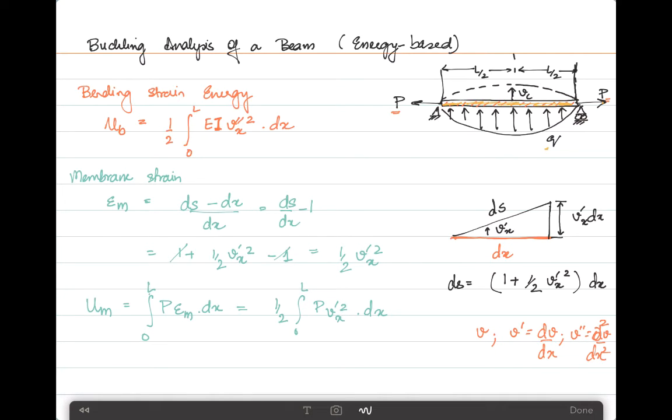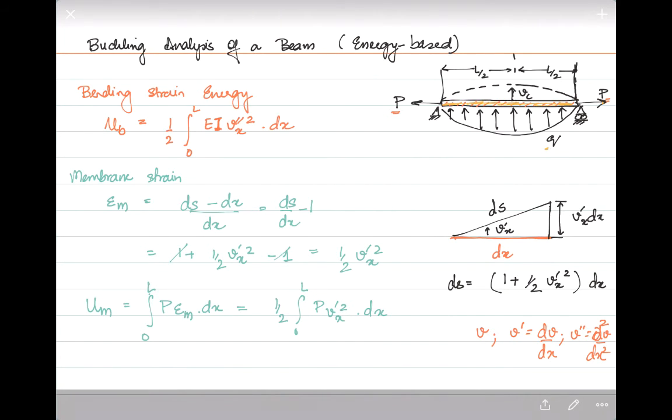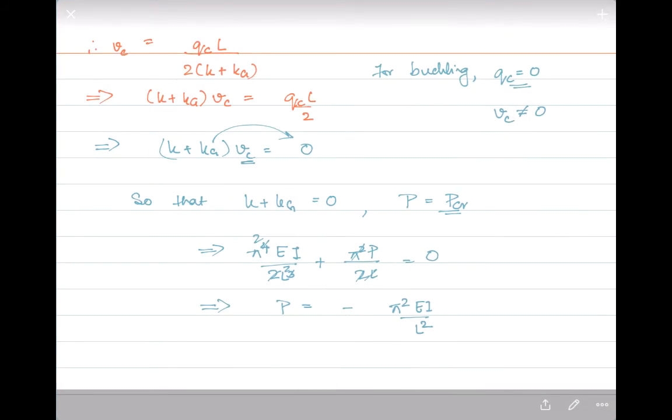However, in reality, this does not happen much. Now, if this is a perfect problem, so the load is acting at the neutral axis and the column that is being machined is exactly straight and the way it has to be, then there is no coupling between the membrane and the bending stresses. And then this situation becomes valid.